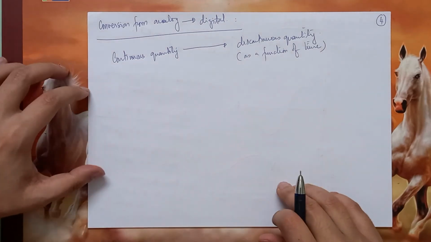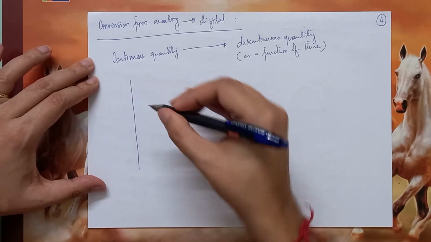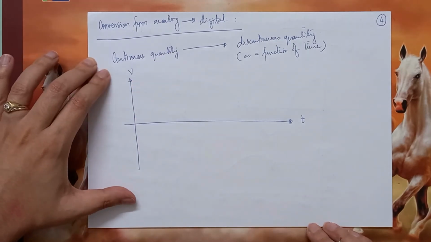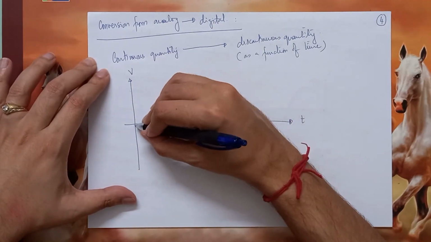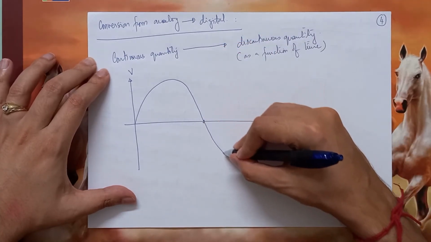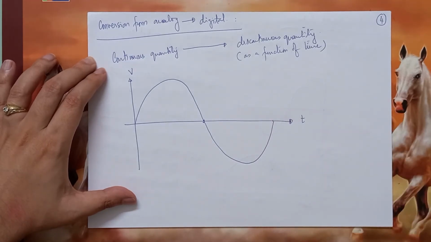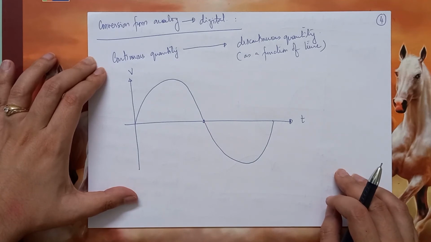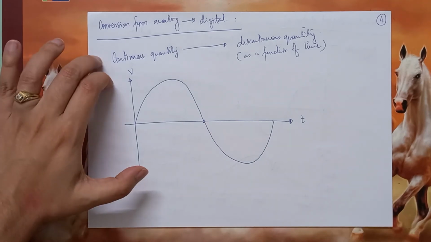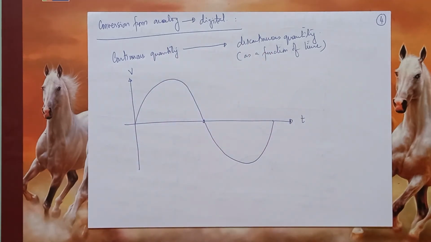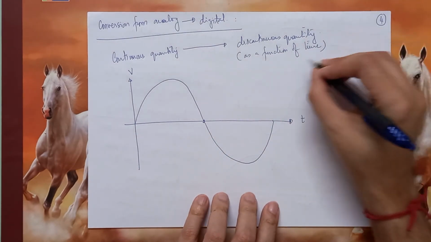So let us say we have a very simple voltage function, a voltage waveform as a function of time. Looks like this, let us say. And what we will do, we will essentially convert this continuous function into this discontinuous quantity as a function of time, which is also called a discrete quantity.